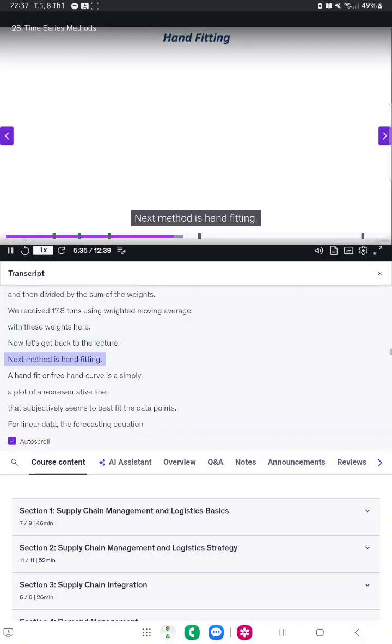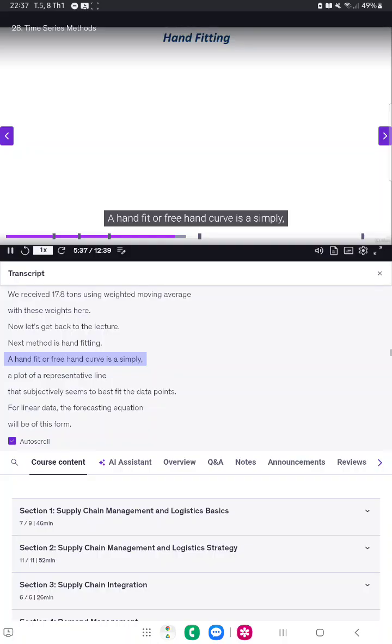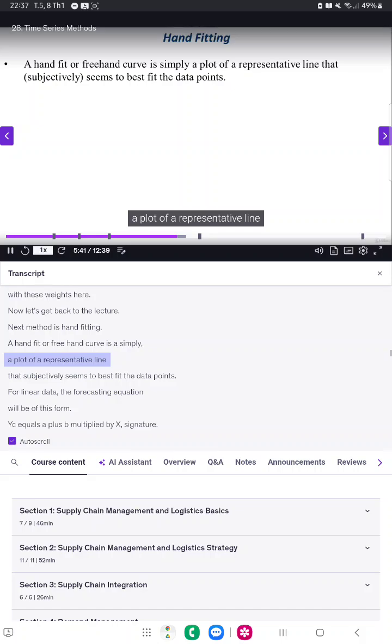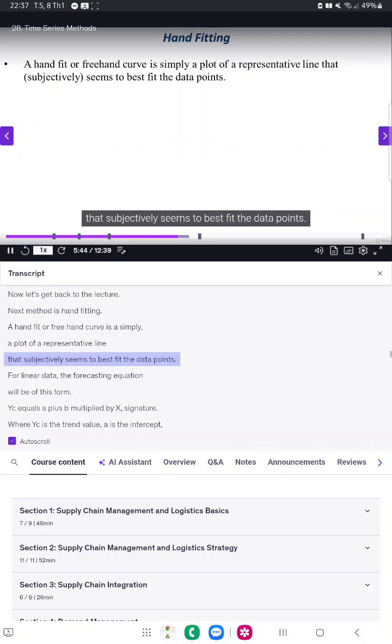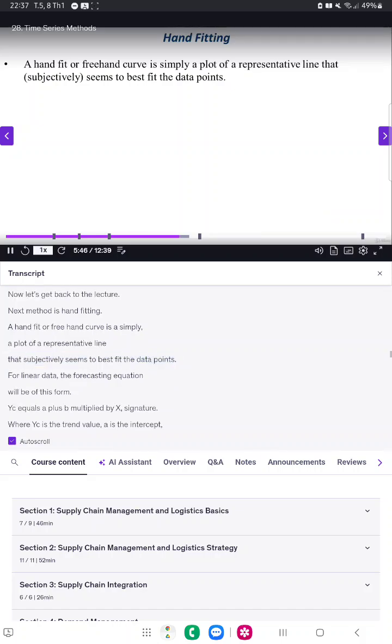Next method is hand fitting. A hand fit or freehand curve is simply a plot of a representative line that subjectively seems to best fit the data points.